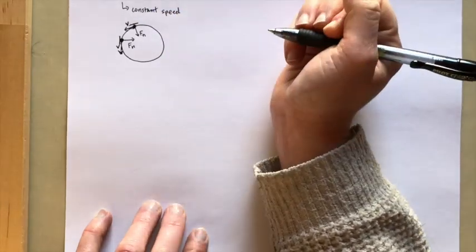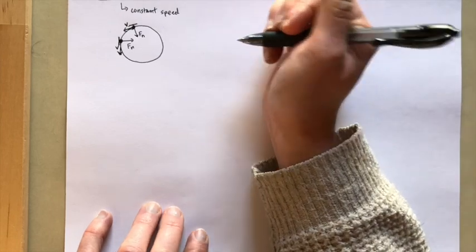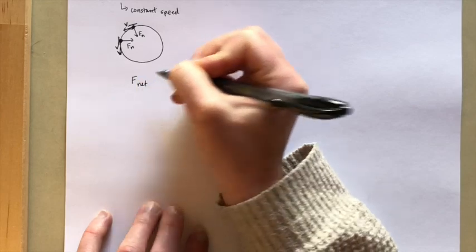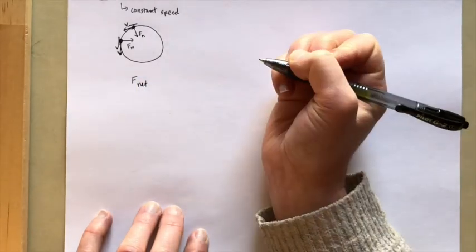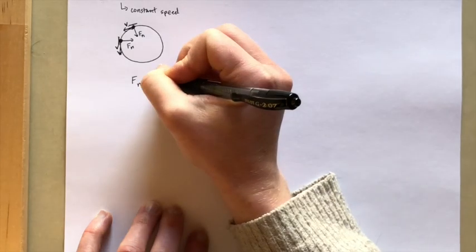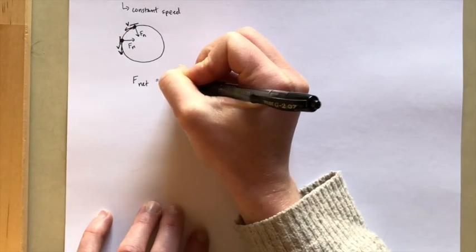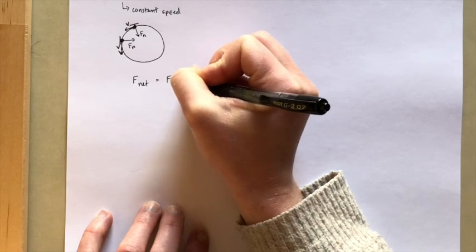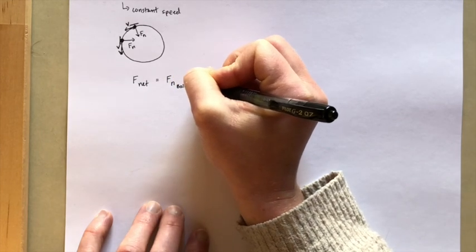And from our forces unit, we realize that when there is a net force acting on the ball, and that might be a combination of forces, but in this case, let's just say that our only force is the normal force on the ball by the broom.